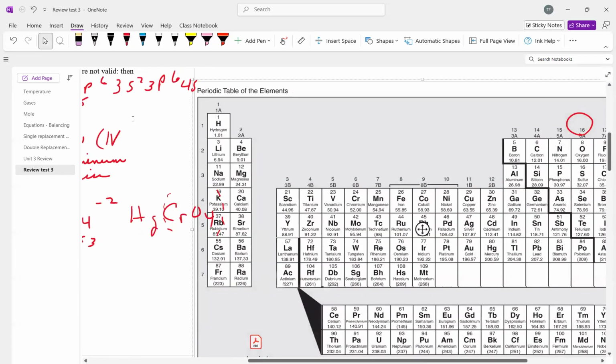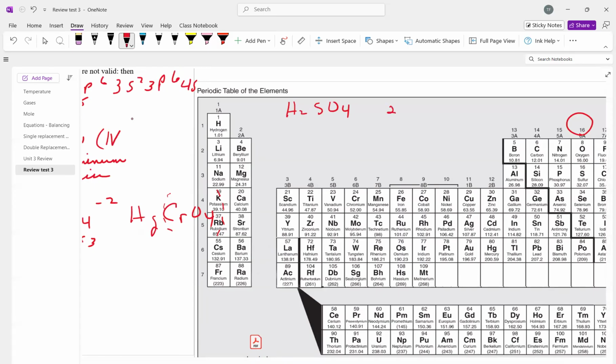Okay, H2. 2 hydrogens at 1.01 apiece. 1 sulfur.